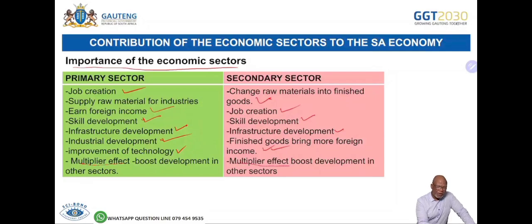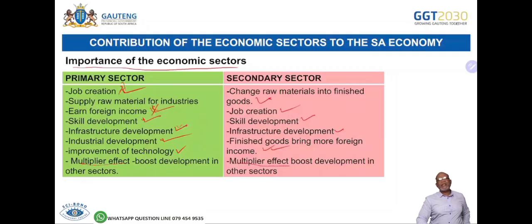You say job creation. So this is what you need to study, that sectors create jobs. It can be any sector, they create jobs. Number 2, foreign earnings. Foreign earnings in primary sector and foreign earning in secondary sector. What is common? Skill development. Skill development on both sides, and then it also leads to infrastructure development.